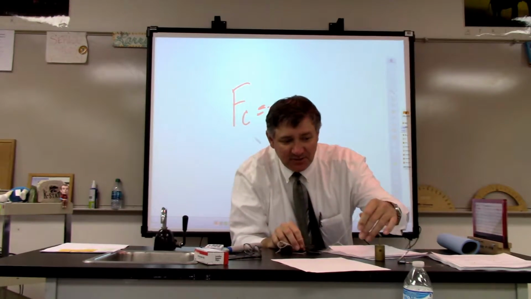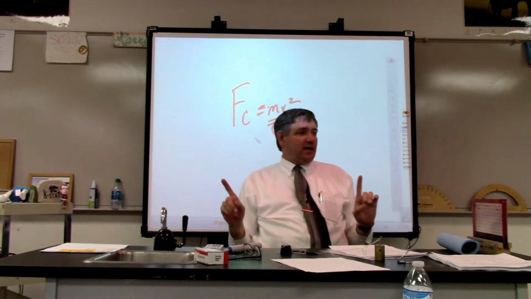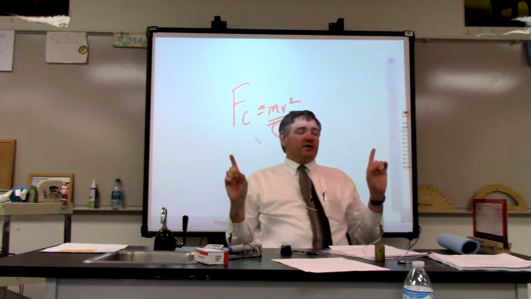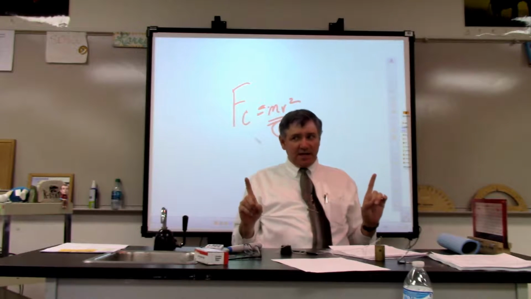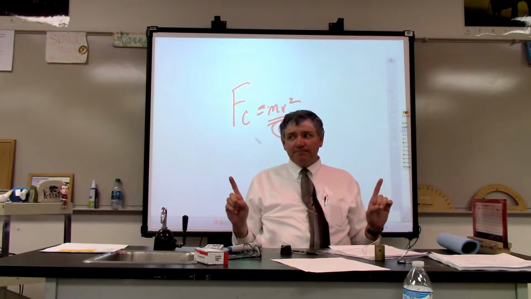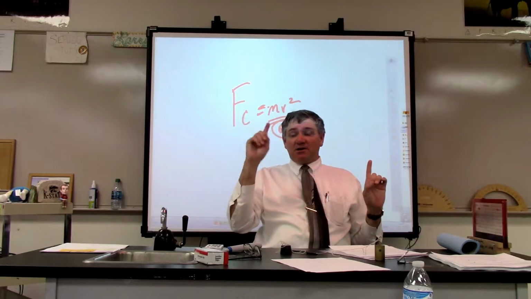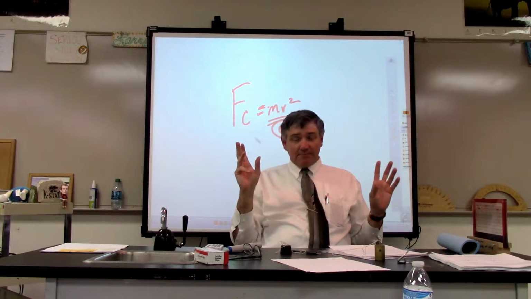Now, if this lab goes south in terms of the data, and as odd as this sounds, I'm not insulting anyone's intelligence, it's because you can't count to 10. It's a true story, mainly because some of these are going to be going so fast it's hard to count.